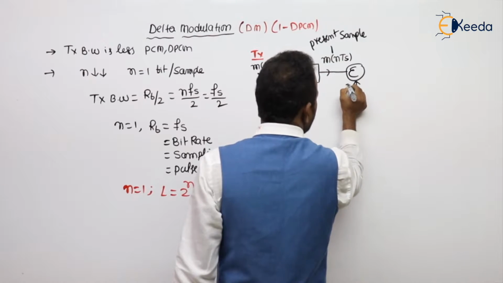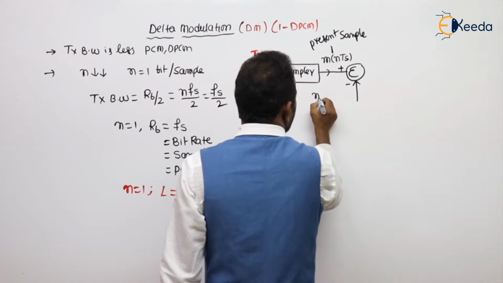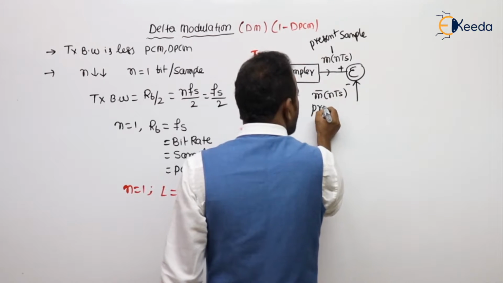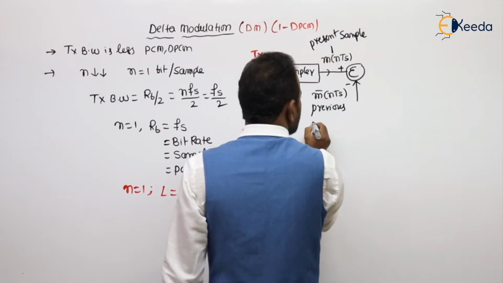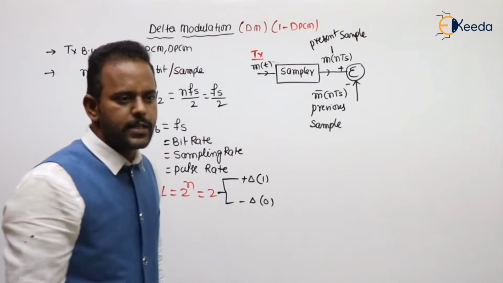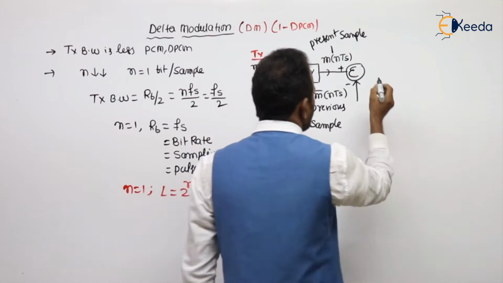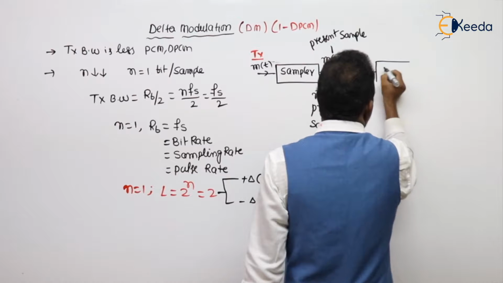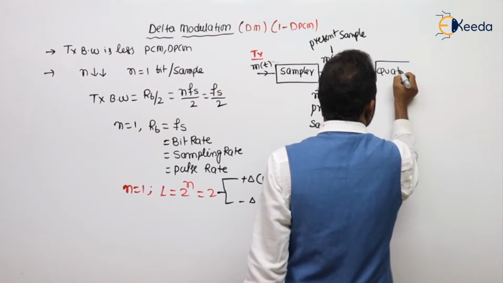What we are taking here is m bar of nTs, that is called the previous sample. That difference we are taking and giving to the quantizer.